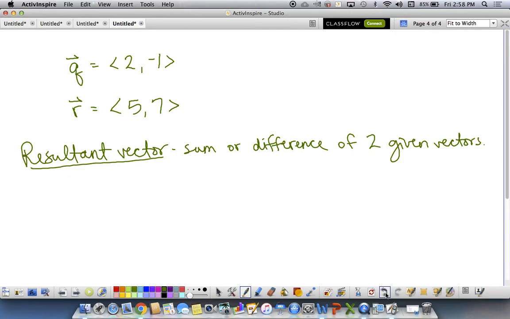Okay, so I've given you two vectors. If I wanted you to add vector Q plus vector R, we would simply add the x's and add the y's. So really we would say 2, negative 1, plus 5, 7. So I would take my x's, 2 and 5, and that would be a total of 7.